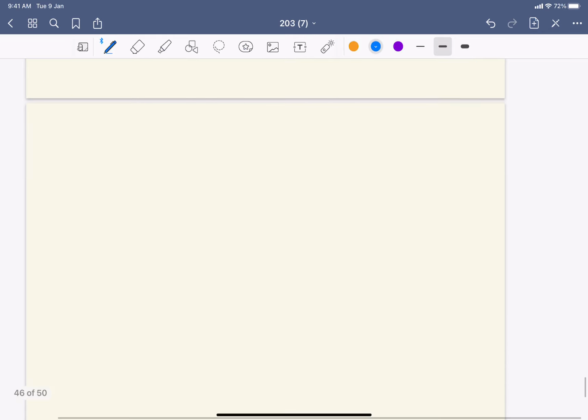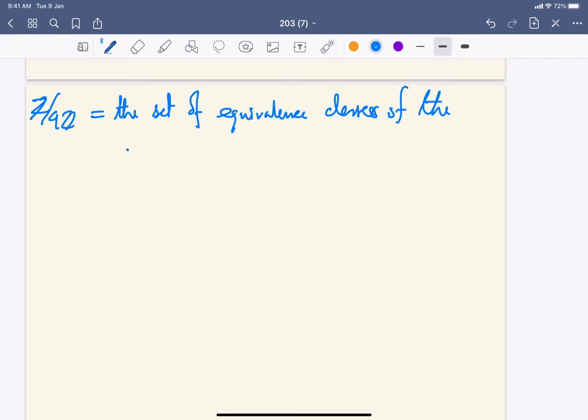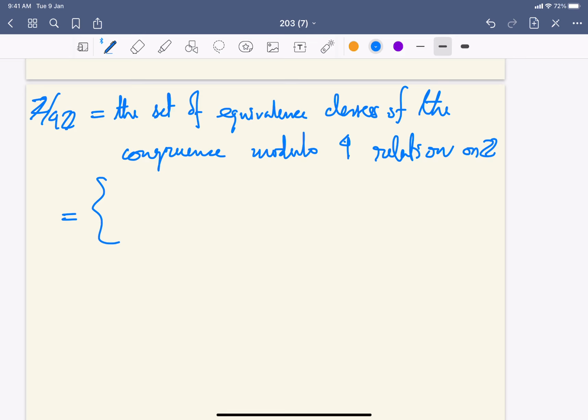Z mod 4Z, by definition, is equal to the set of equivalence classes of the congruence modulo 4 relation on Z. So this is a set, right?